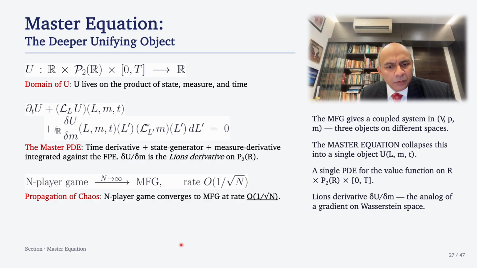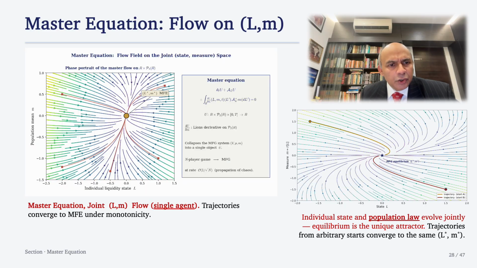Okay, so let's move on to the flow of the master equation. Here we've got two different representations, one for the single agent and one for the population law. In both cases, you see the liquidity state and the population mean converging to the equilibrium.